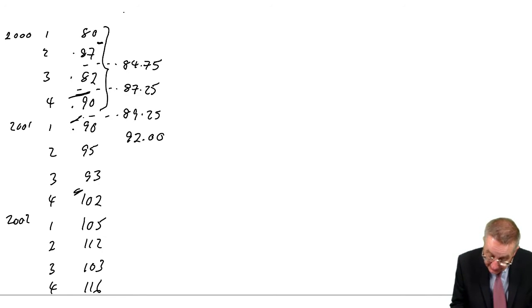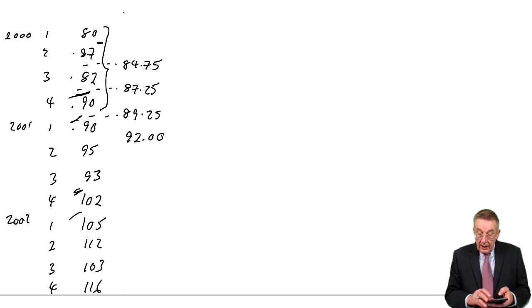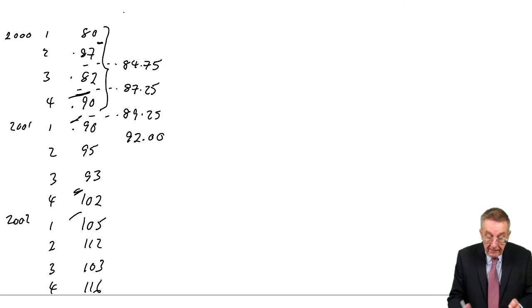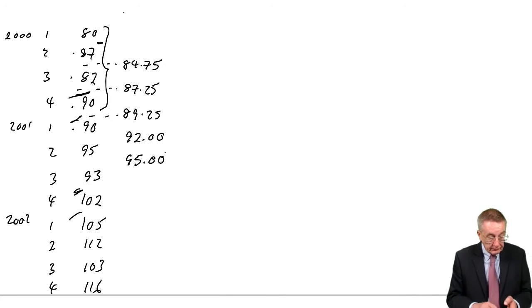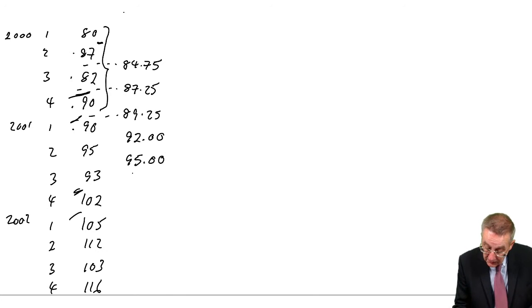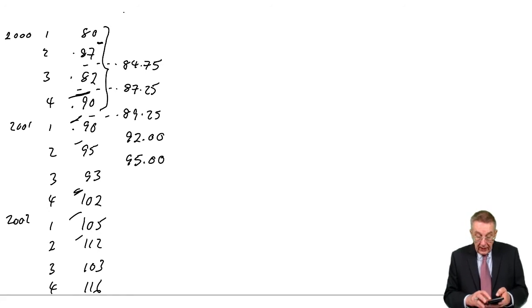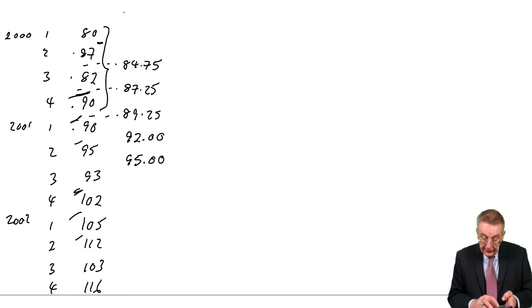The next one, there to there. 90 plus 95 plus 93 plus 102 divided by 4 is 95. That can't be right. Oh, yes, it can. Next one is here to here. 95 plus 93 plus 102 plus 105.